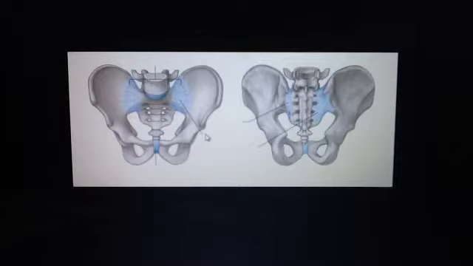This is the anterior sacroiliac ligament. What is this? The pubic symphysis. This is the sacroiliac joint. And here we have the interosseous sacroiliac ligament. And this is the posterior sacroiliac ligament, which overlies the interosseous ligament.